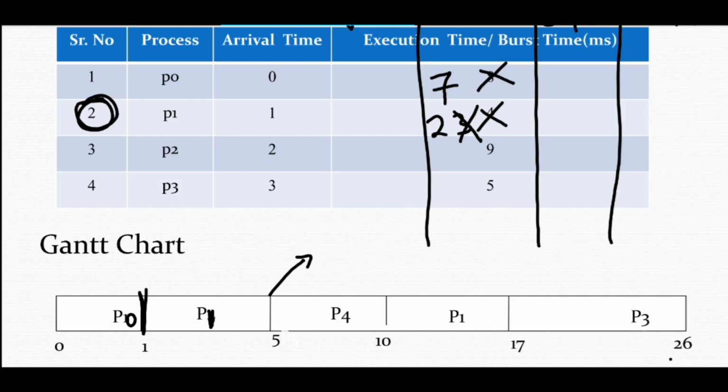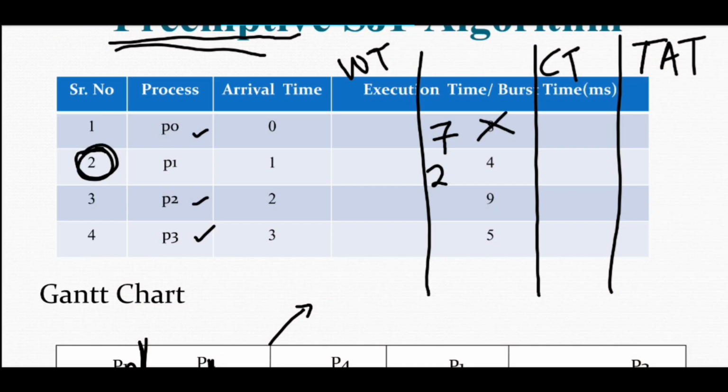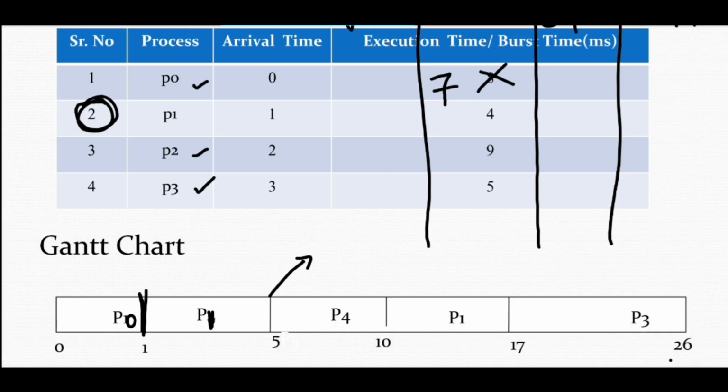I have 3 processes, P0, P2, P3. Okay or not? And we have their execution times: P0 execution time 7 and P2 execution time 9 and P3 execution time 5.